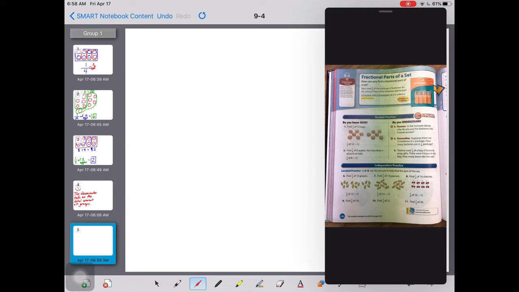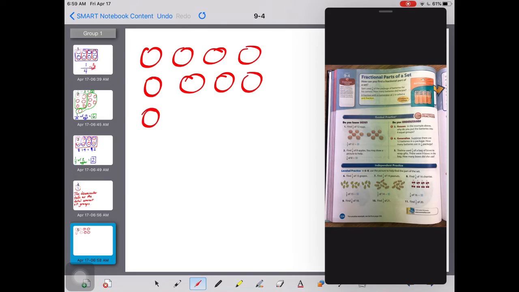All right, now let's do number 4 together. So now we've changed this up, and now we're going to look at 12 batteries. What if you had 12 batteries? 1, 2, 3, 4, 5, 6, 7, 8, 9, 10, 11, 12 batteries now.